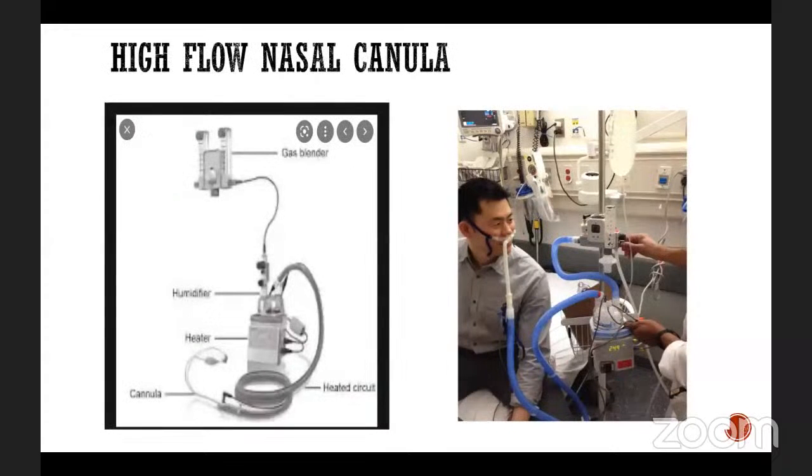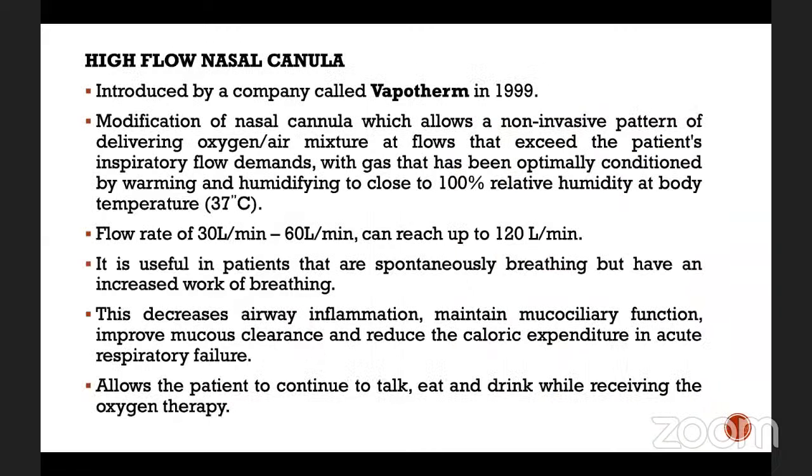The high flow nasal cannula is another modification of the regular or simple nasal cannula. This has gained so much ground with the management of COVID patients. How do we use it? It was introduced in 1999, initially for pediatric patients, but it has gained lots of ground by being modified to help us deliver a humidified mixture of air and oxygen at a particular temperature, preferably body temperature.